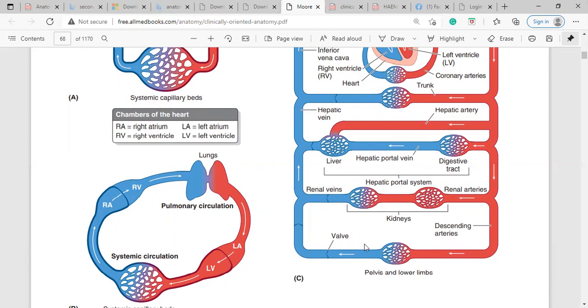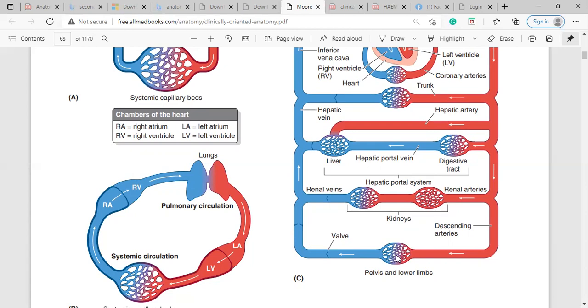So the blood vessel that will take the blood from each of these organs back to the heart, we said it must be a vein because veins return blood to the heart. So the veins coming from the lower limb are the iliac veins or the common iliac veins. If it is the ovary, it will be the ovarian vein.